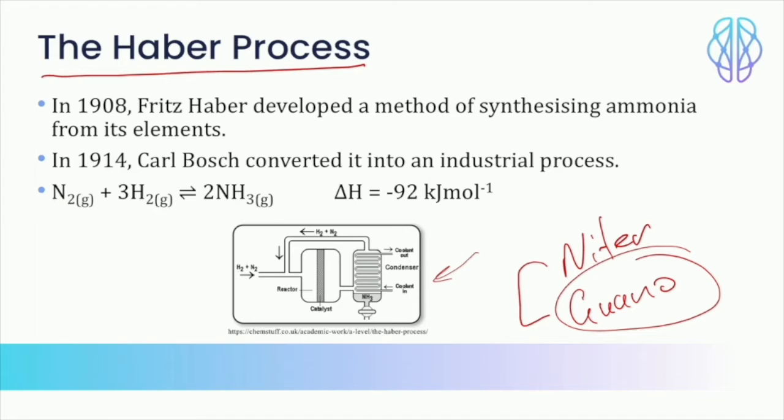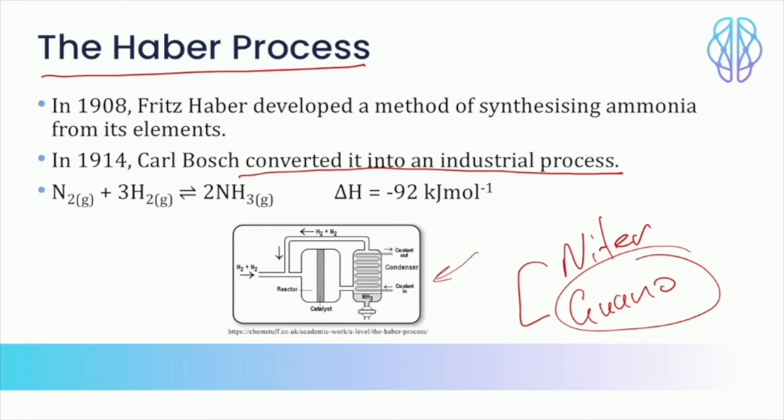So Haber made the method for how we could theoretically synthesize ammonia from its elements. Carl Bosch put a real-life application into this process. He took the theory that Haber made, applied some industrial principles and converted it into an industrial process. That's the most important thing to understand.